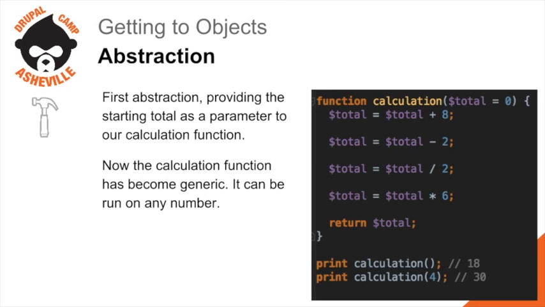So now our fancy calculation can not only produce the number 18, but it can perform that same calculation on any starting number. So we've abstracted just a little bit. We've made this business problem reusable and more valuable.